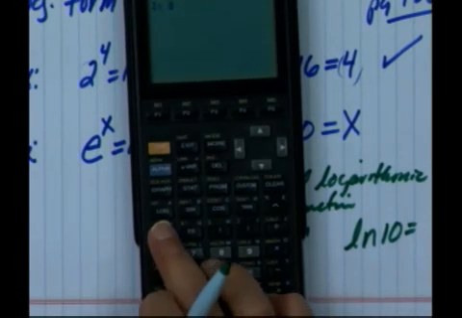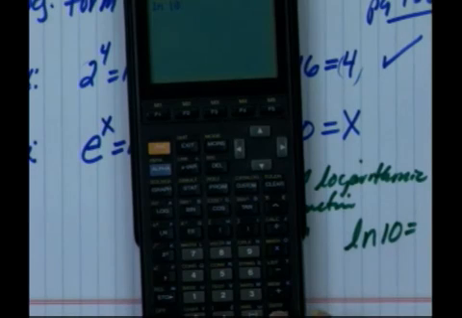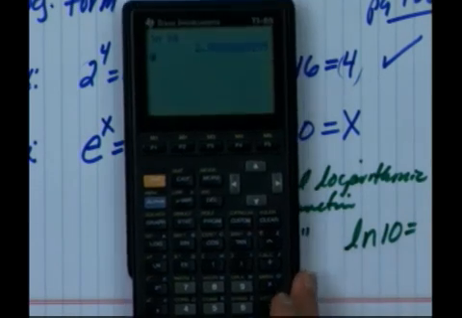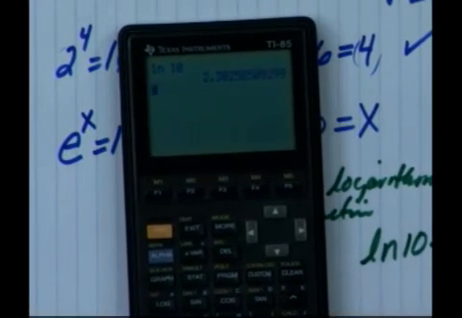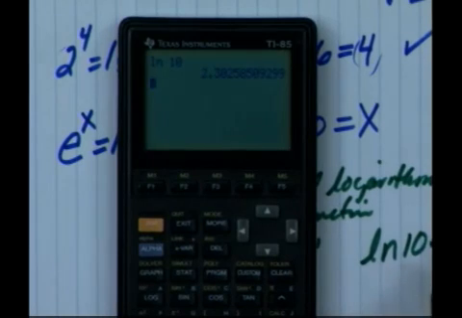All right, so we'll just put in natural log of 10. You're not seeing it. Can you see that? All right, natural log of 10 is approximately equal to 2.30, looks like.